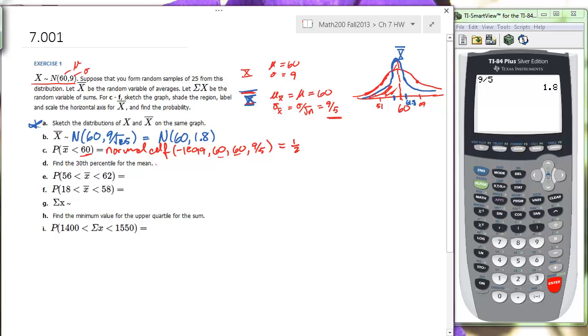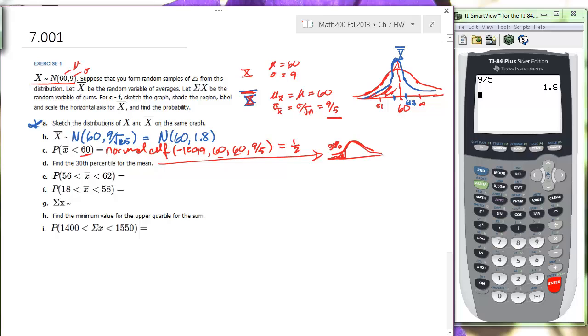The next is to find the 30th percentile. If we want to accompany it with a drawing, the 30th percentile would be somewhere over here where this is 30%.